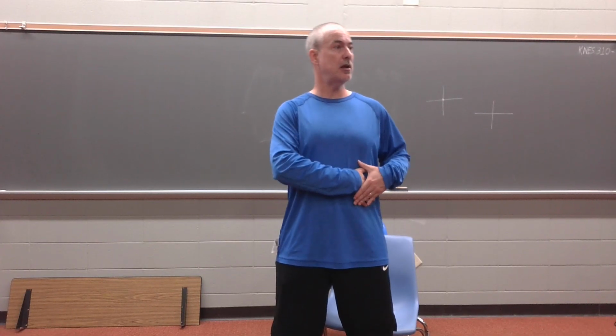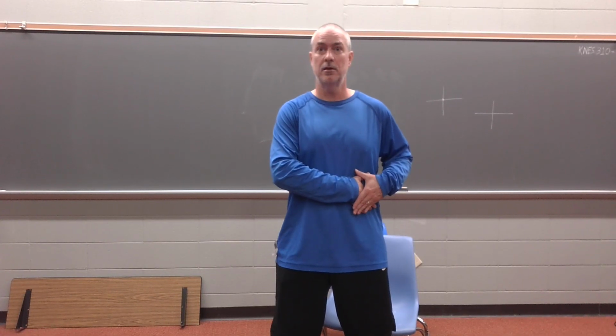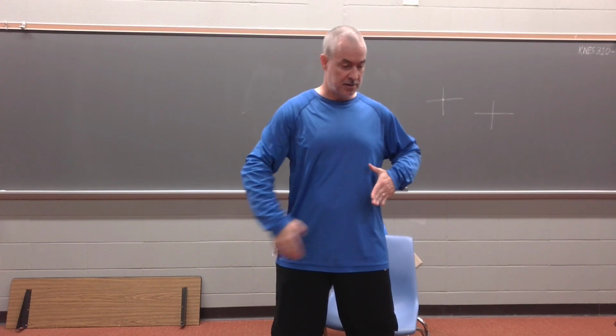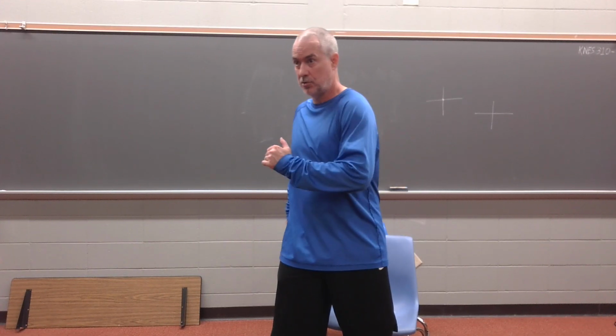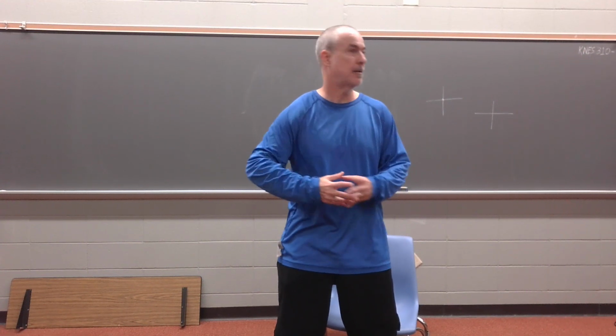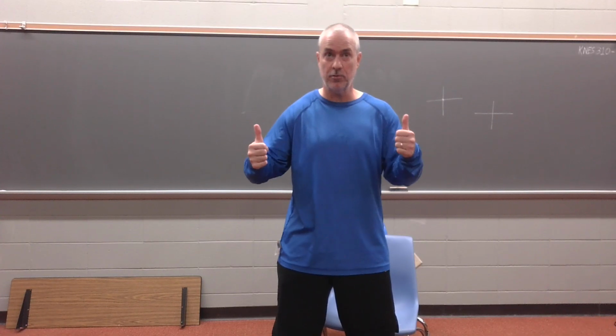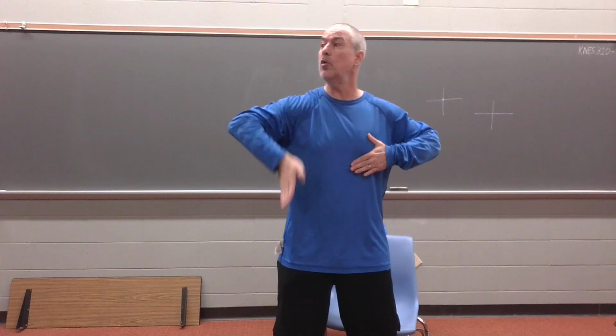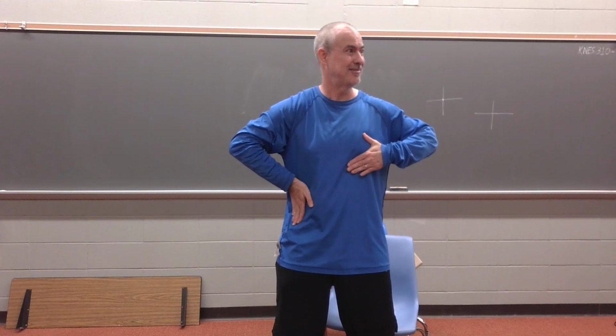Sagittally, they pull the same way. Frontally, they pull the same. But they have antagonistic pulls transversely, because my left external was trying to pull me to the right, and my left internal was trying to pull me to the left, which is 100% okay, because my right external transversely will work with my right internal.